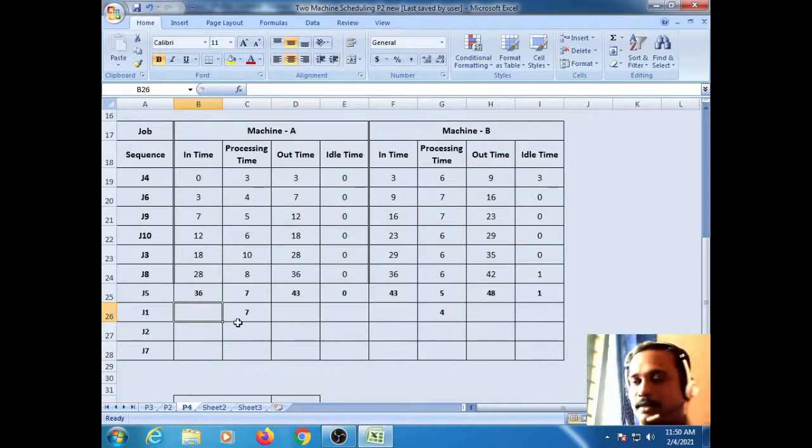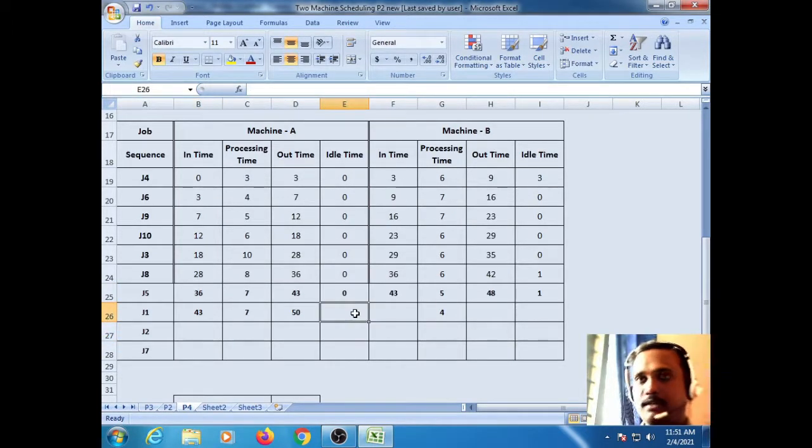Which out time will become the in time here? The 43 will become the in time here, so we will get 50 at the 50th hour, the job. That is job 1.